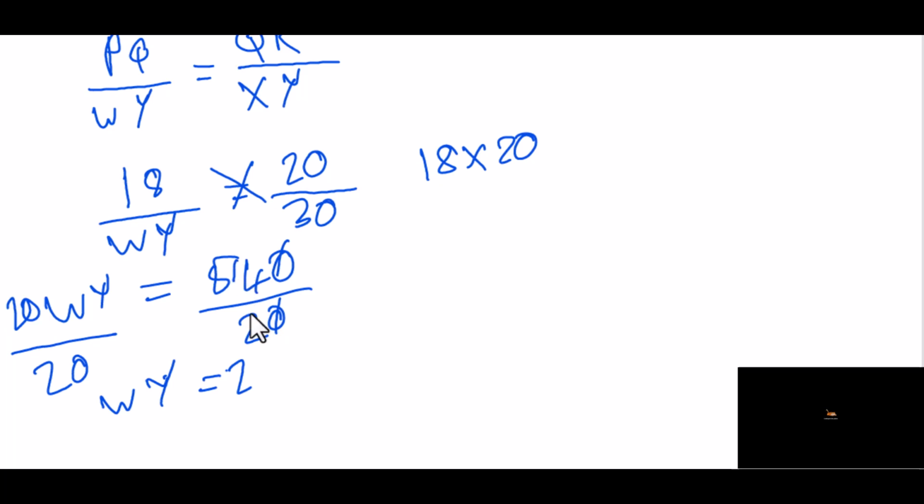So 14 divided by 2 is 7. So we have 27 centimeters as WY. Okay, so this is basically how we answer this particular question. If you have got any challenges, kindly let me know through our class.